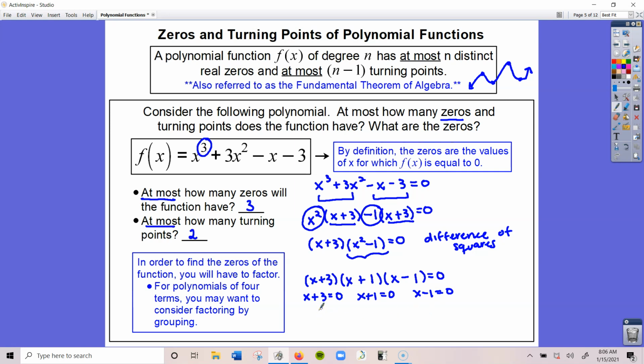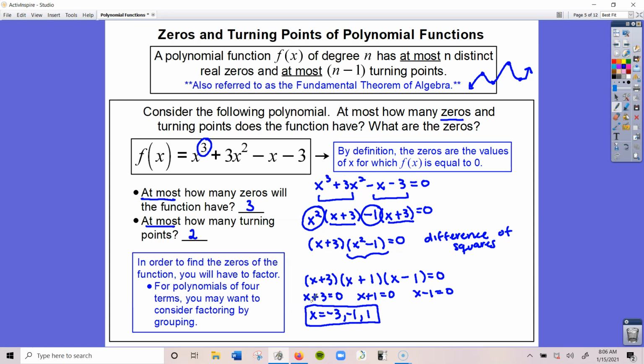To get those zeros, or your x-intercepts, x here would equal negative 3, because we would have to subtract the 3. Here we would have to subtract the 1, so x would equal negative 1. And here we'd have to add the 1, so x would equal positive 1. So these are my 3 x-intercepts.